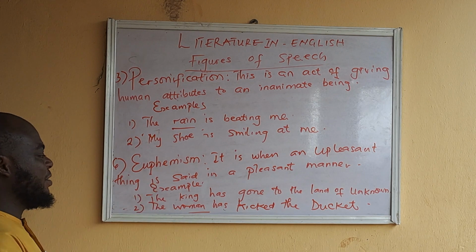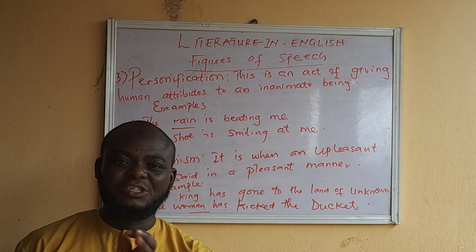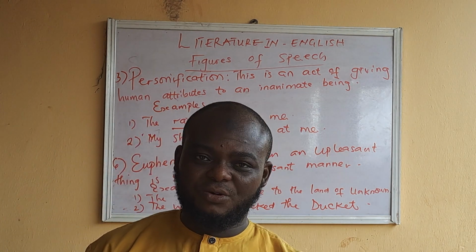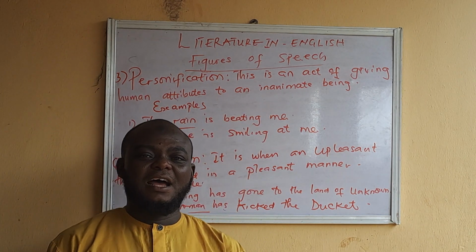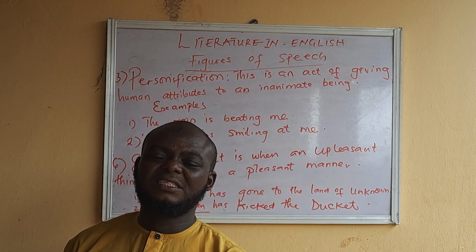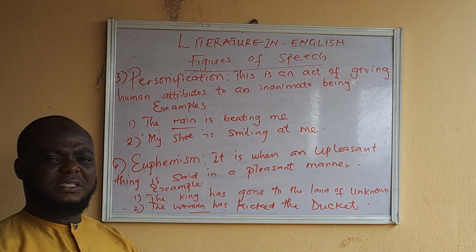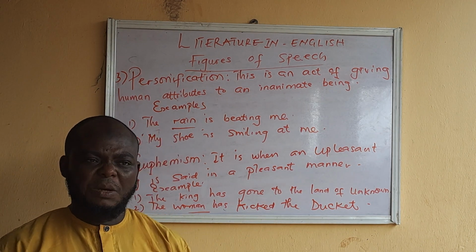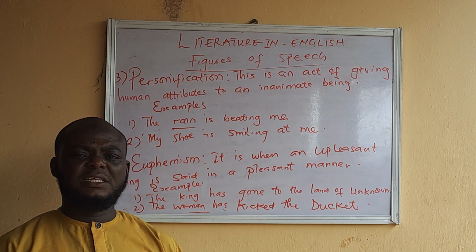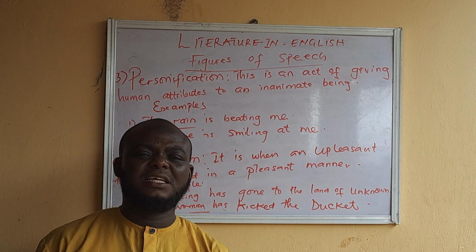Now, look at euphemism. The king has gone to the land of unknown, or the king has joined his ancestors. All these are unpleasant things that are being addressed in a pleasant manner. The same thing, look at this one. The woman has kicked the bucket. It means the woman is dead. But because we don't want to present it that way, we try to present it in a pleasant manner.